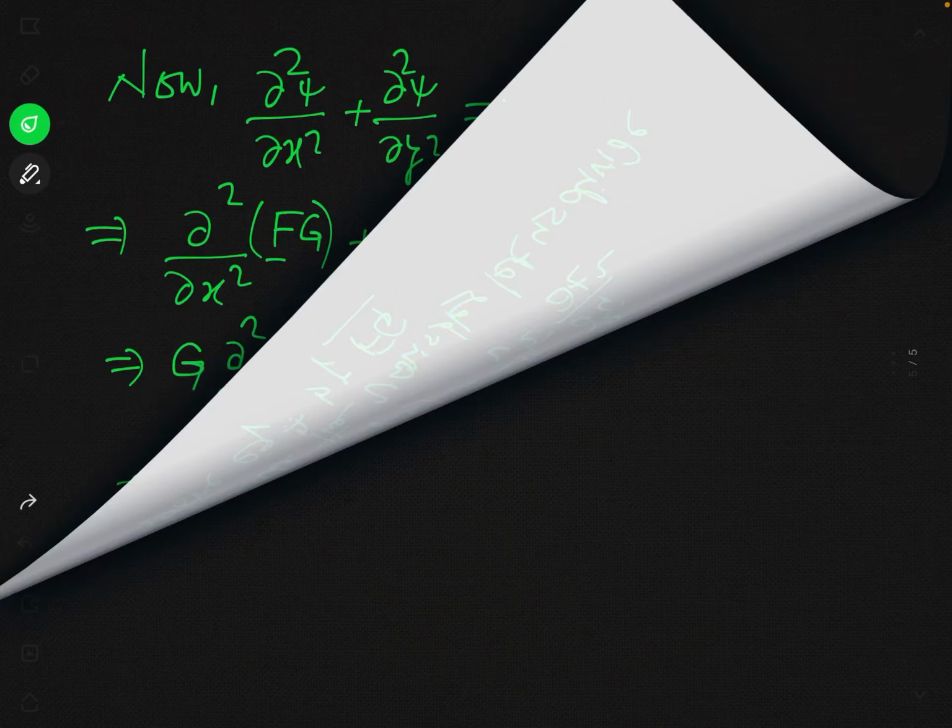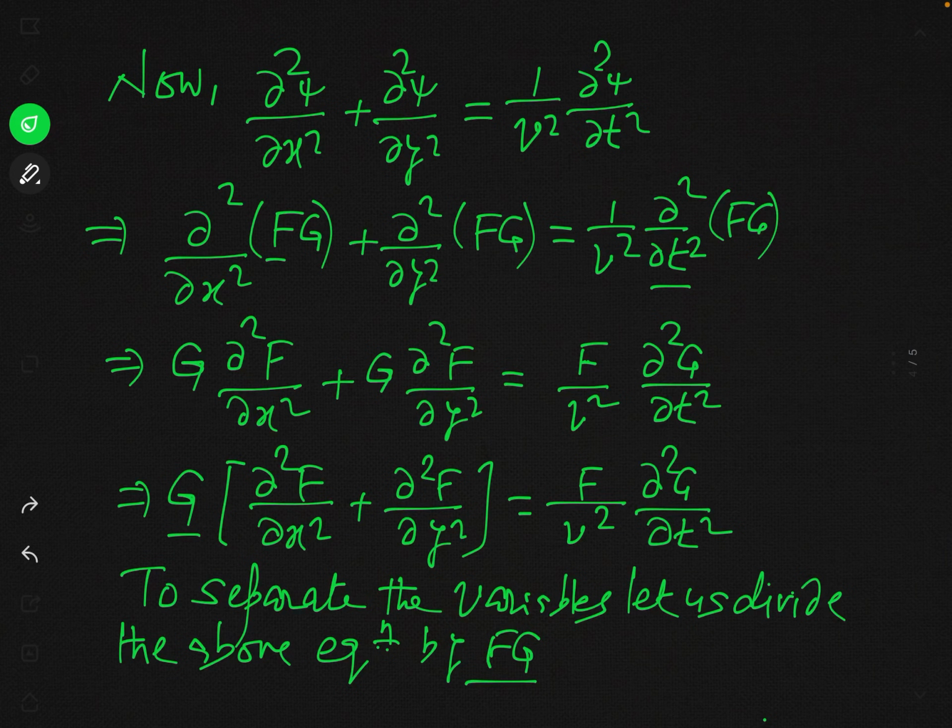You can see here. By dividing by f times g, this g will cancel, so here remains f, and in RHS there will be g. So this is our equation.